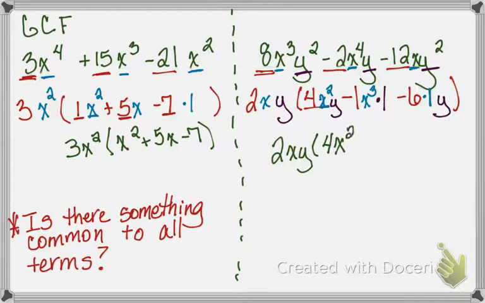4x squared y minus x to the third. Would it have been okay if I put minus 1x to the third? Yes. Minus 6y. Okay? So what we have here is a monomial times a trinomial. Yes, 3 terms. We are breaking it down.